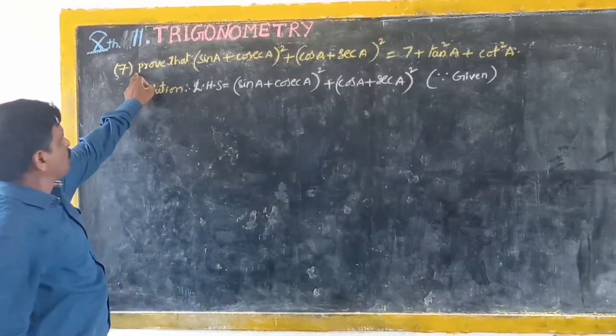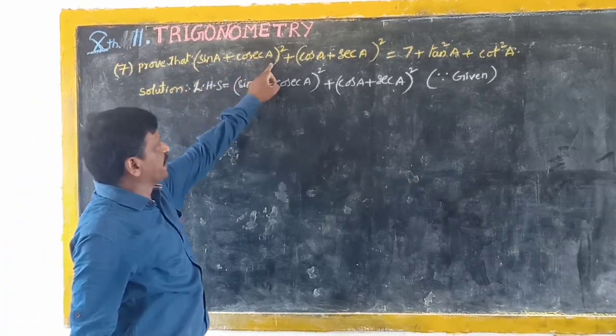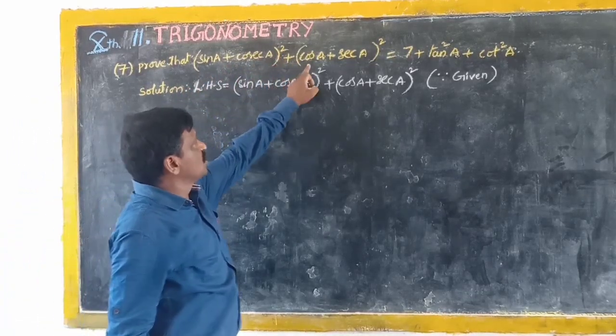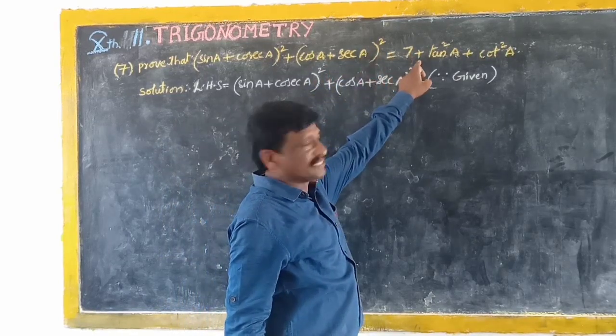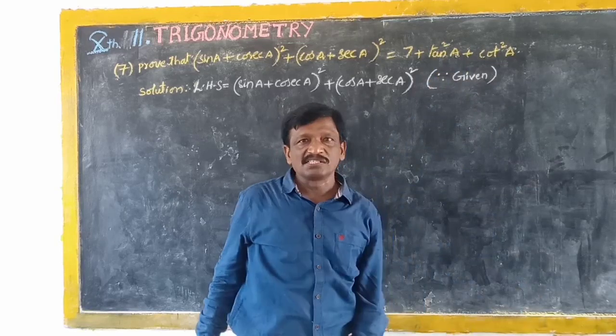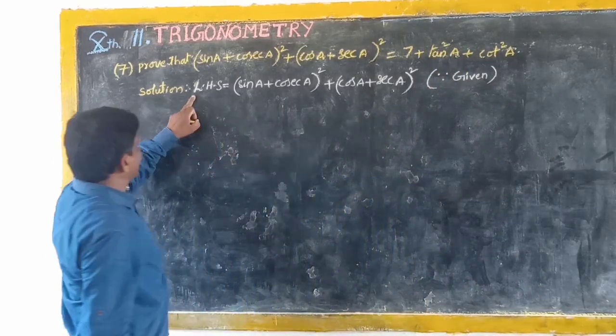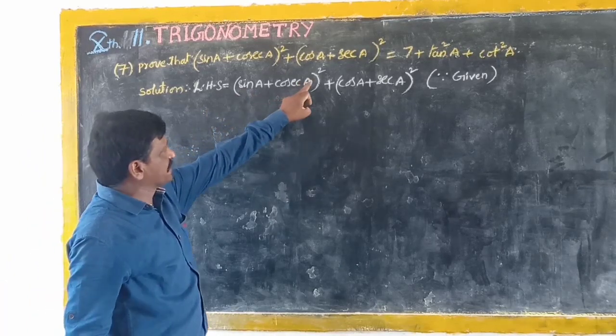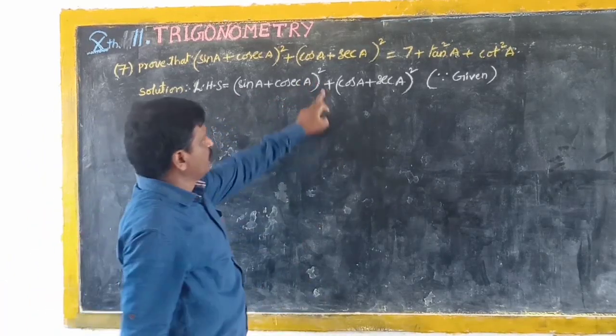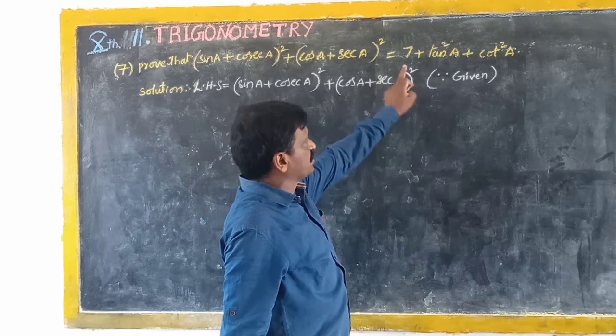Seventh sum. Prove that sin A plus cosecant A whole square plus cos A plus secant A whole square is equal to 7 plus tan square A plus cot square A. LHS: sin A plus cosecant A whole square plus cos A plus secant A whole square, given.